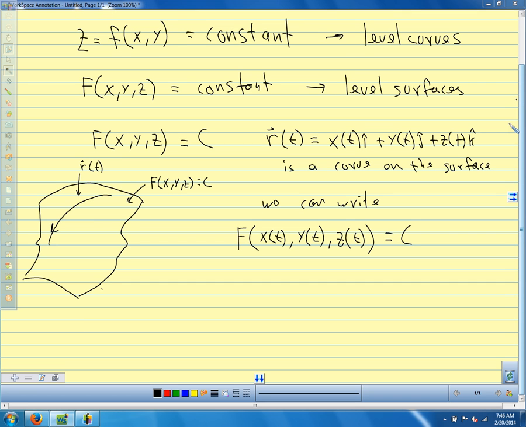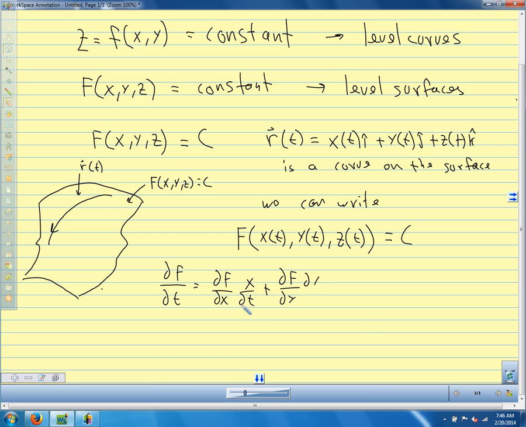And we're going to use the chain rule to find the derivative of f with respect to t. So the derivative of f with respect to t is df dx times dx dt, just using our chain rule, plus the partial of f with respect to y times dy dt.